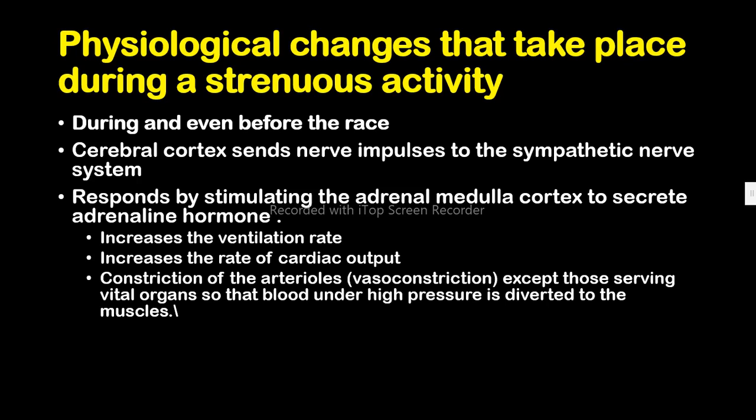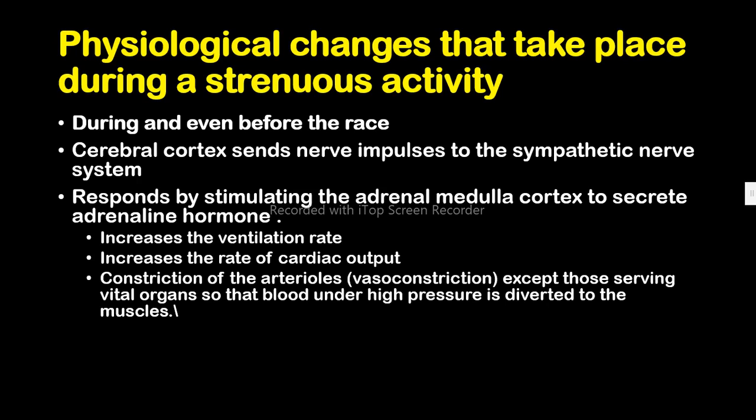To do what there? Think about it. You are going for a 100-meter race. Why should you supply blood to the reproductive organs? To do what there? Don't be perverted. I've just said reproductive organs.